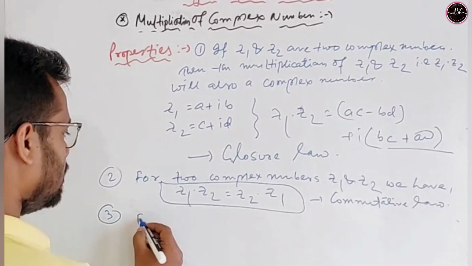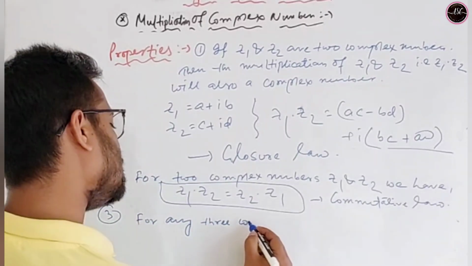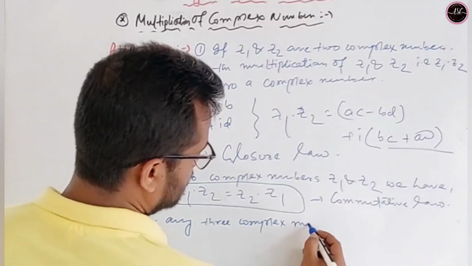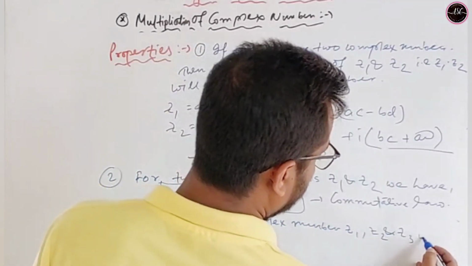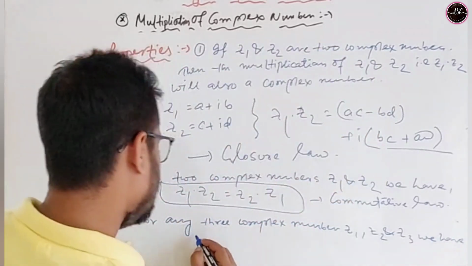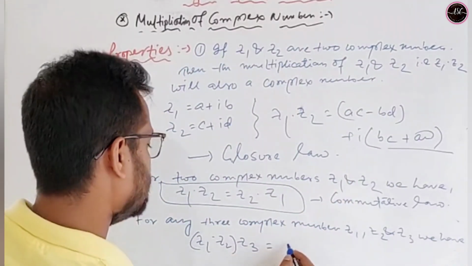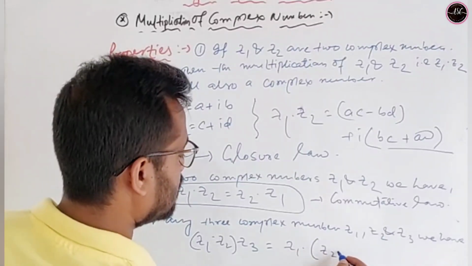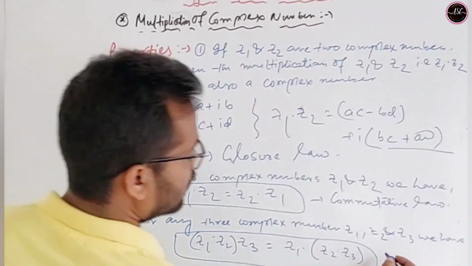And property number 3, for any three complex numbers Z1, Z2 and Z3, we have Z1 dot Z2 within first bracket into Z3 equal to Z1 dot Z2 into Z3 within bracket. This is the associative law.